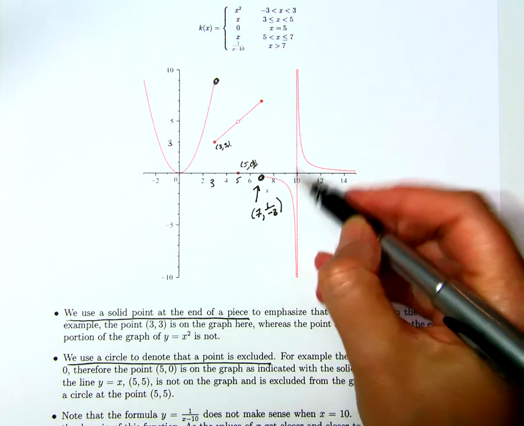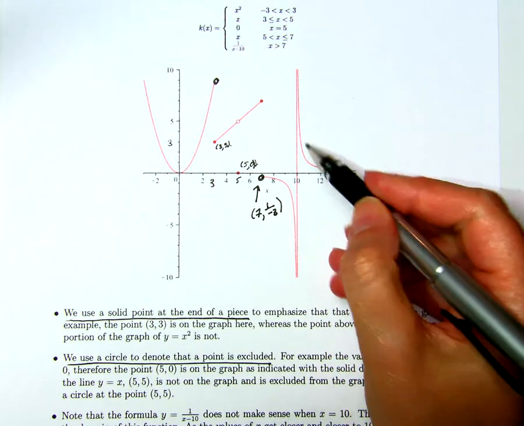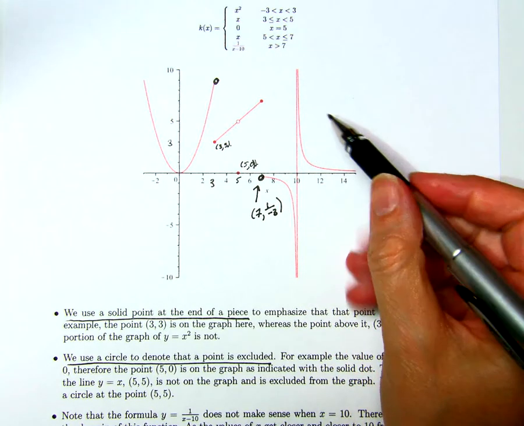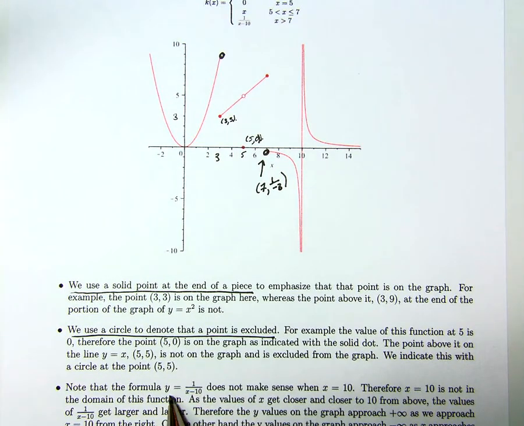But every point on this curve y equals 1 over x minus 10 to the right of that is on the graph. Now notice here that the formula y equals 1 over x minus 10 does not make sense when x is 10, and so therefore there is no point on the graph with x equals 10.